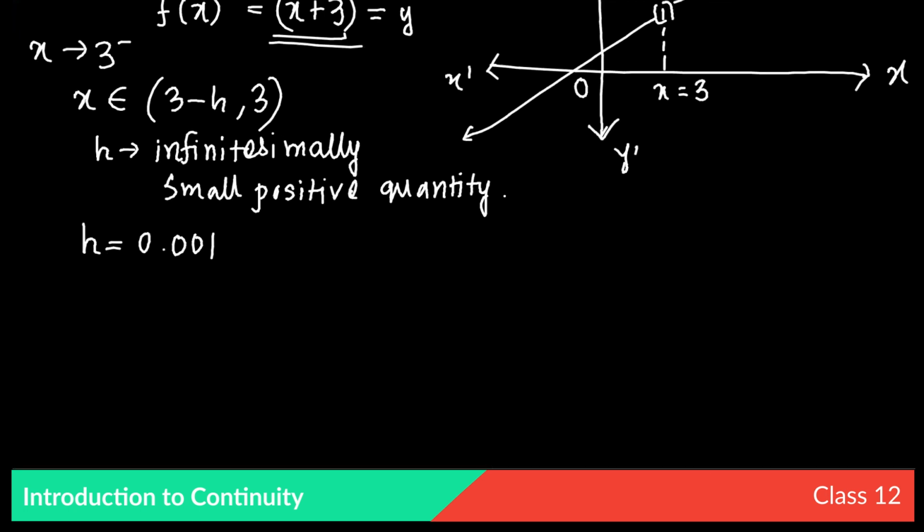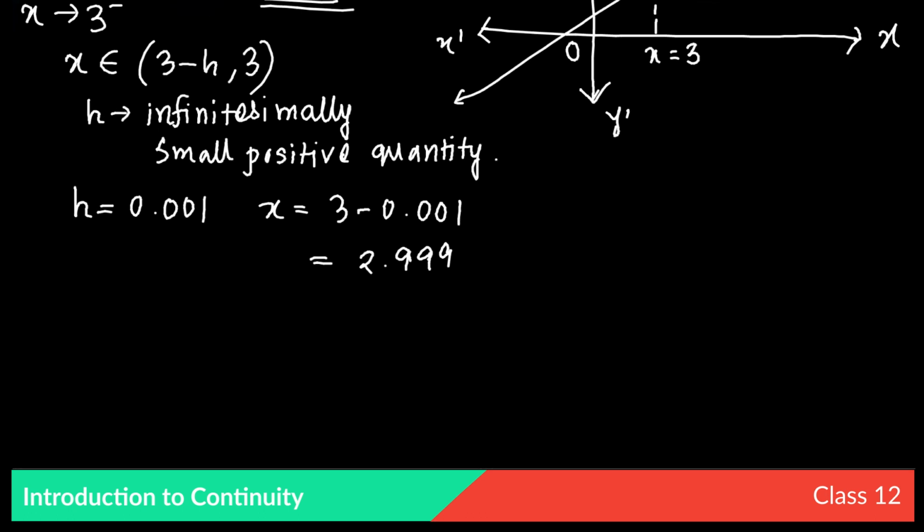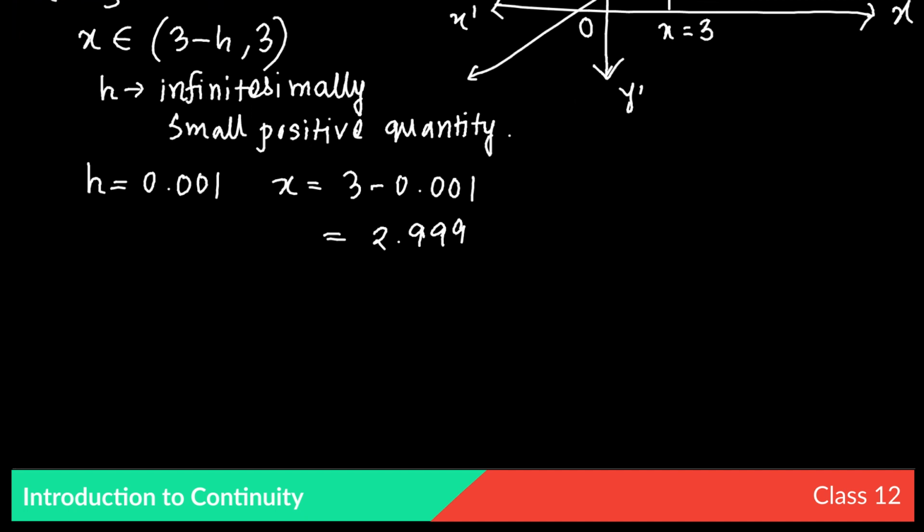So the corresponding value of x will be 3 minus 0.001. So that is actually 2.999. Okay. So this is the value. Now another value I am taking, it is more closer to 3 from the left hand side.